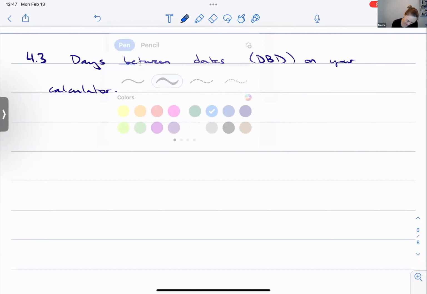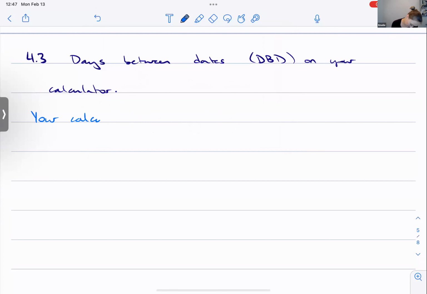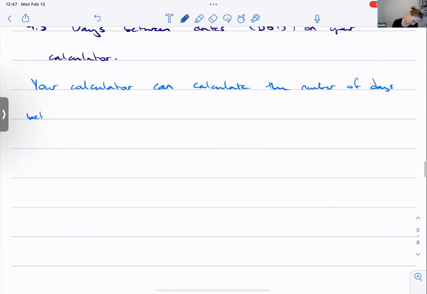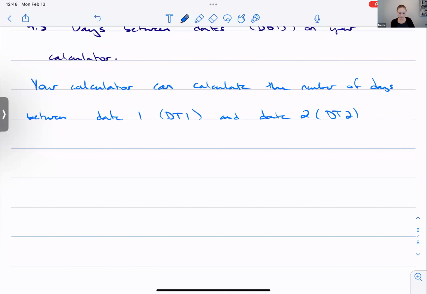Okay. So your calculator can calculate the number of days between two dates: date 1, which I'm going to abbreviate DT1, and date 2, which I'm going to abbreviate DT2, and that's to match the calculator.